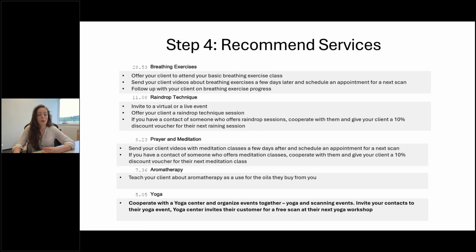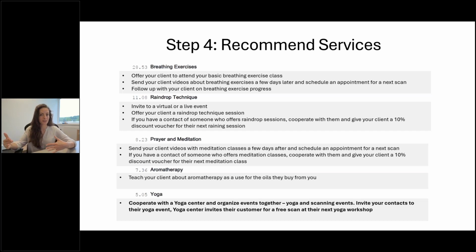Meditation is something that a lot of us need to practice in this very fast world, right? So you can send your clients videos with meditation classes. And you can also contact someone who offers meditation classes, cooperate with them, and give your client a 10% discount voucher for their next meditation class, right?